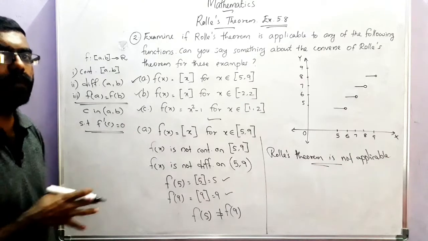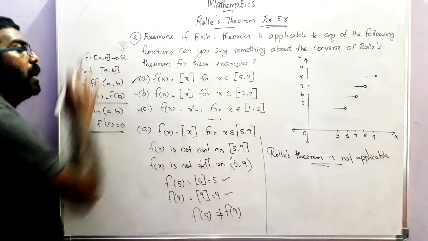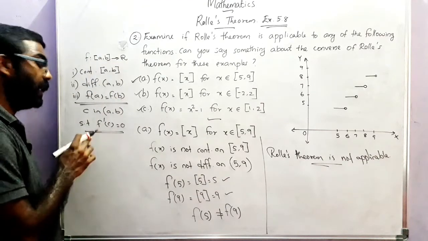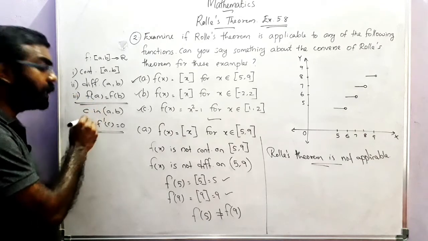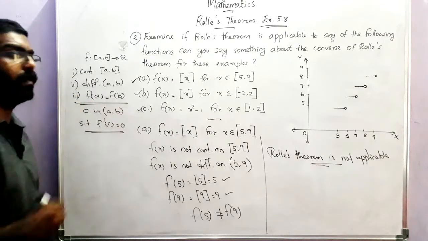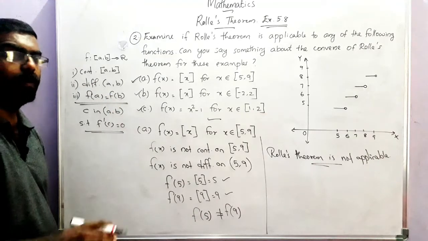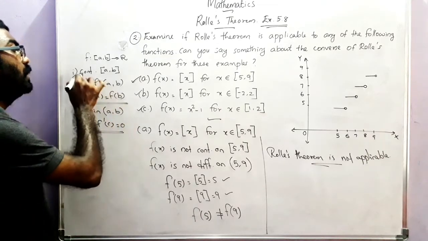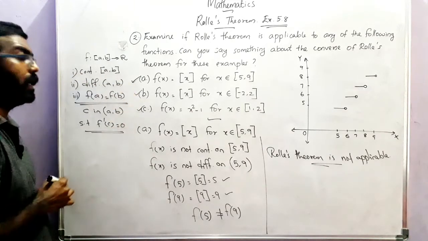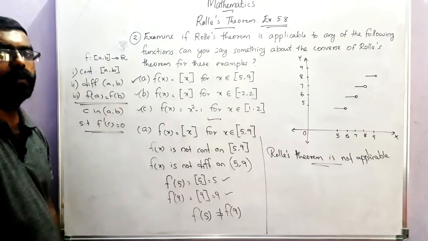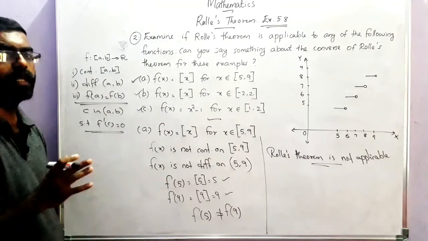So the converse of Rolle's theorem means: let f from [a, b] to R be a function such that there exists at least one real number c in open interval (a, b) such that f dash of c is equal to 0, then it is continuous on closed interval [a, b], differentiable on open interval (a, b), and f of a is equal to f of b. That is the converse of Rolle's theorem. I repeat the statement.